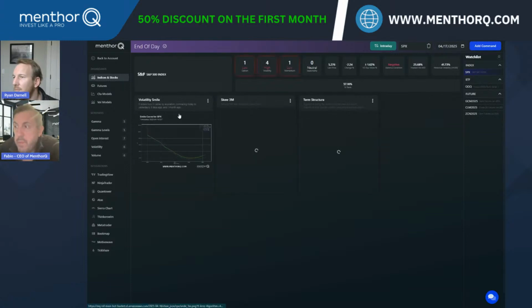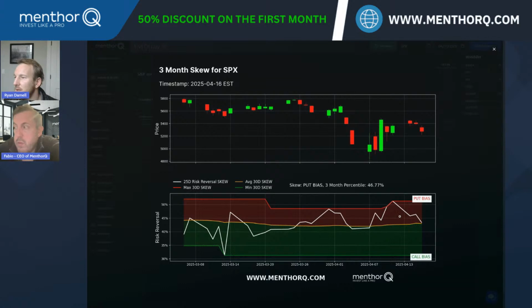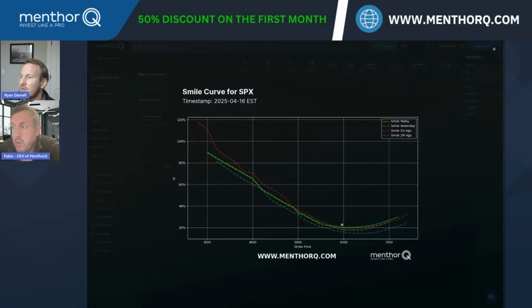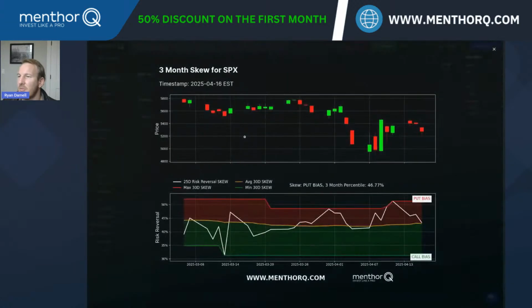So back to, and by the way, we talked about the put bias. You can also see this showing up here, right? This is the same thing as what we just looked at in the volatility smile, just represented a different way. We talked about how the calls were getting more expensive as the puts came off. You can see the same thing here on this 3-month skew for SPX.